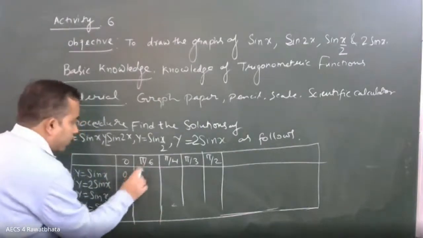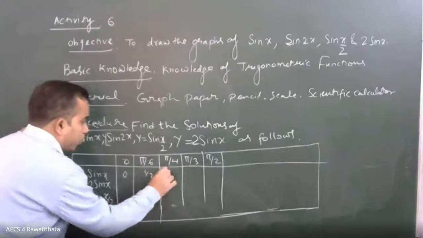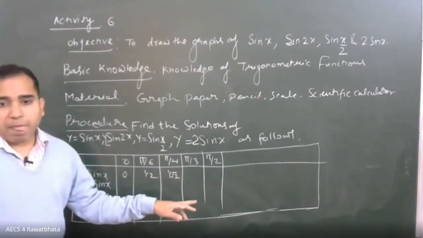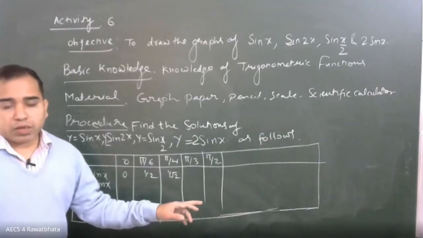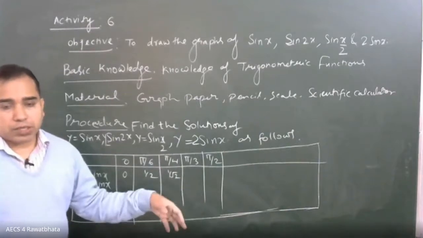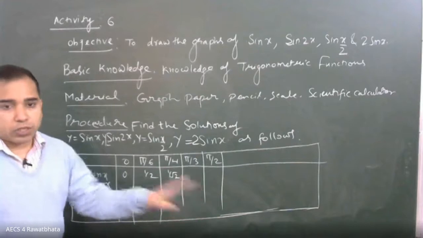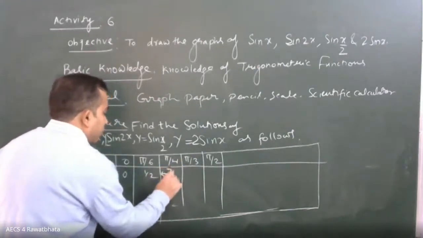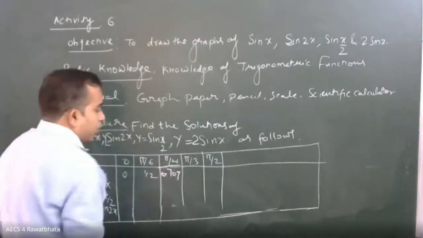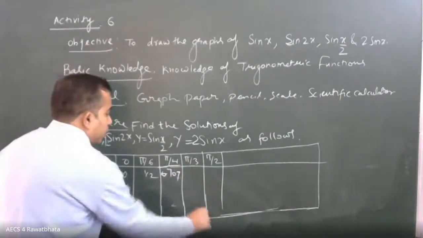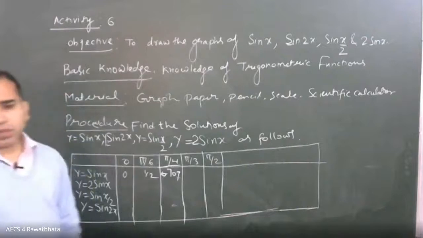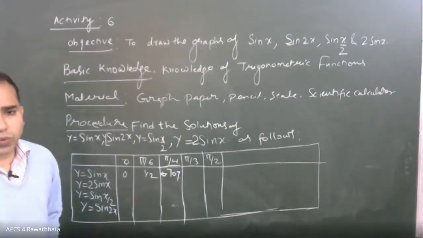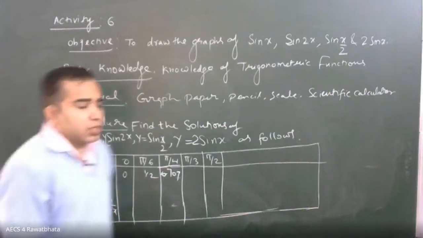Sin pi by 6, 1 by 2, 1 by root 2. This you can convert in decimal, right? 1 by root 2 means root 2 by 2 means 1.414 upon 2 means this 0.707. So like this. In decimals, better you write because it will help you to draw on graph paper. Then pi by 3, 60, sine 60 is how much? Root 3 by 2. Root 3 is 1.732 whole divided by 2. How much? 0.8 something.